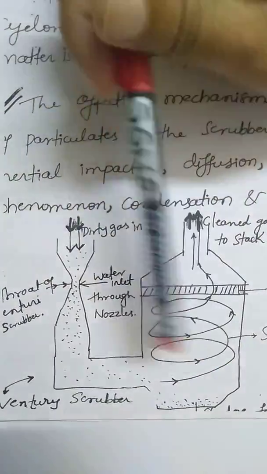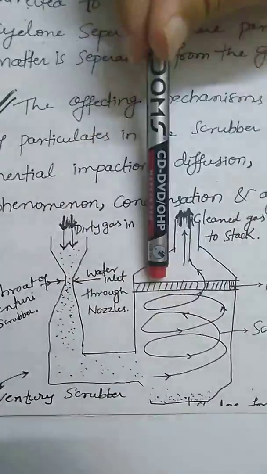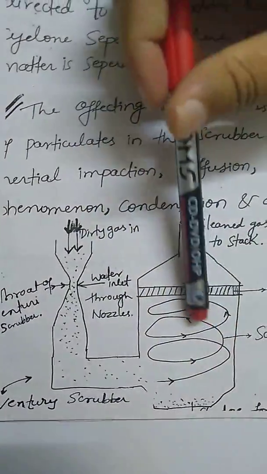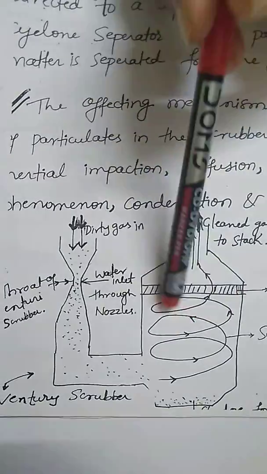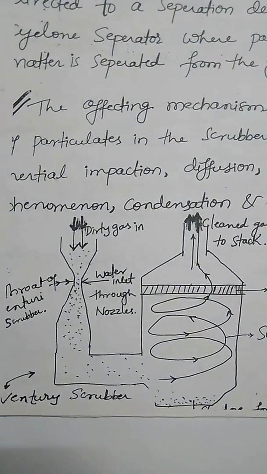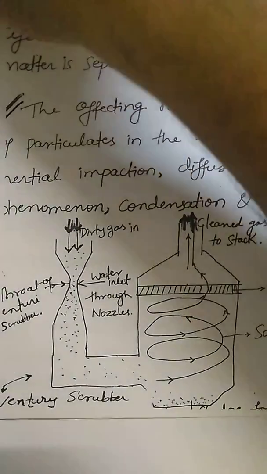Since it has a very high velocity, it is going to form a double vortex, and here you are going to spray water, and then the pure gas will come outside. This is the idea behind your Venturi scrubber.